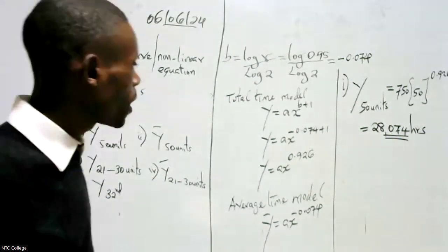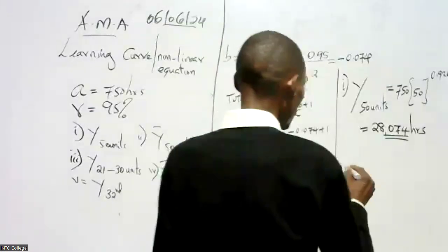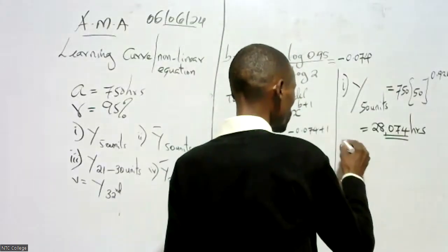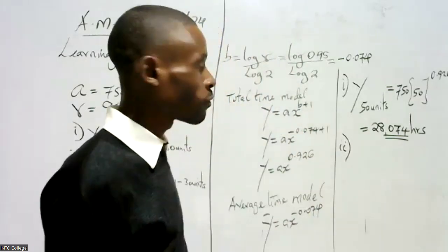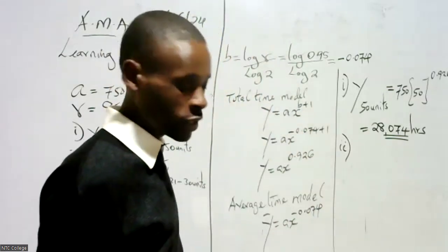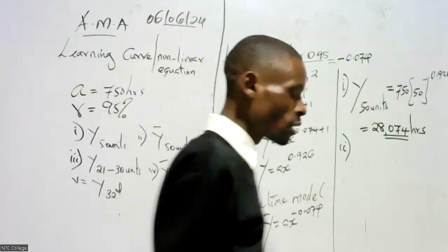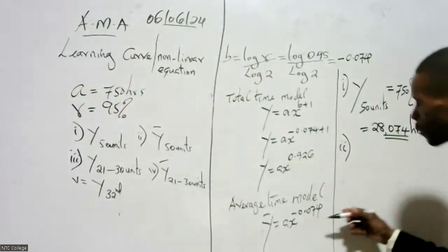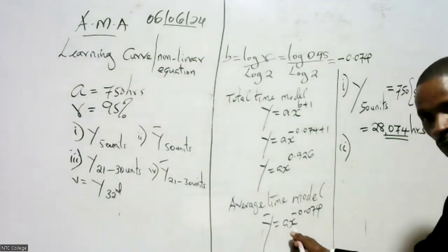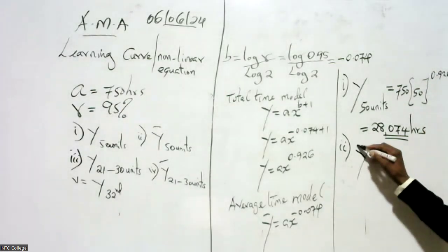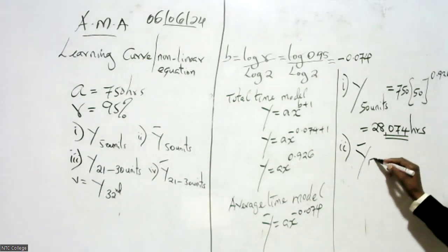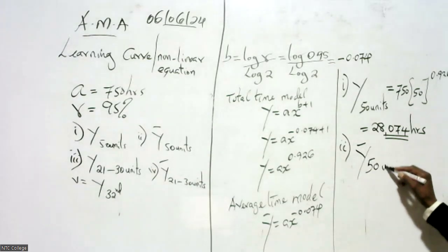Thank you. Now, Roman 2 is the average time to produce 50 units. We have the model here. Let us plug in the figures. So y bar for 50 units.